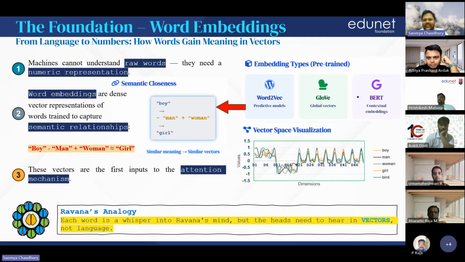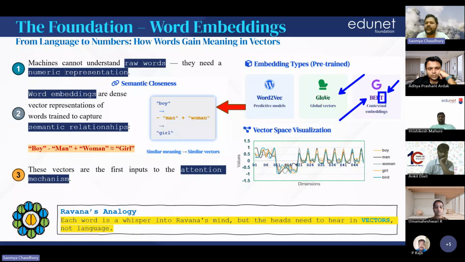The GloVe representation of numbers is very different from BERT as well, because BERT is using transformers, which give contextual meaning. The output embeddings you get from BERT have contextual meaning as well, and that makes it different from GloVe. That is what I wanted to focus on.